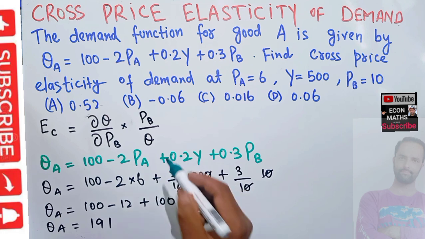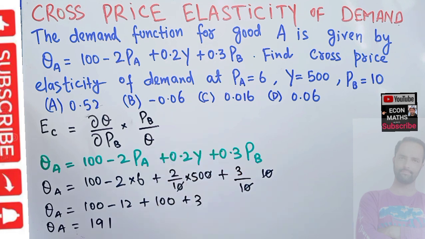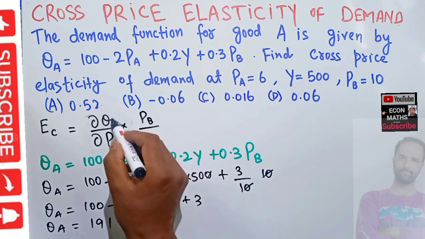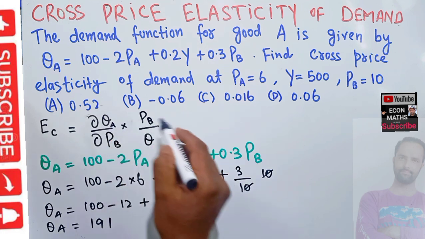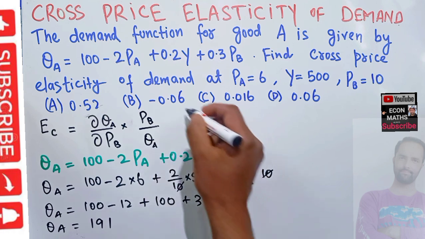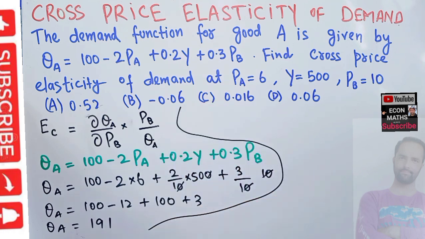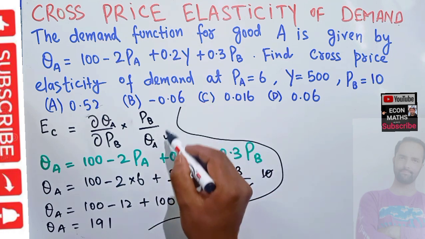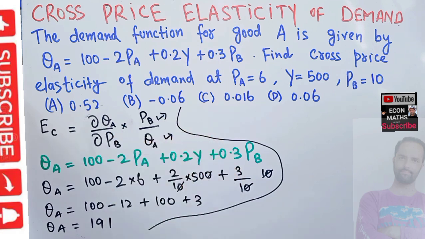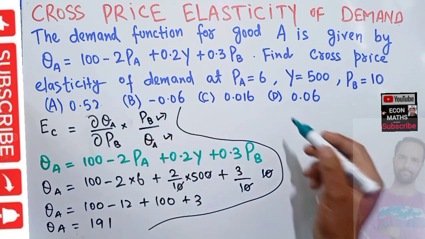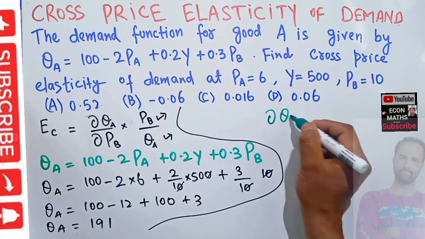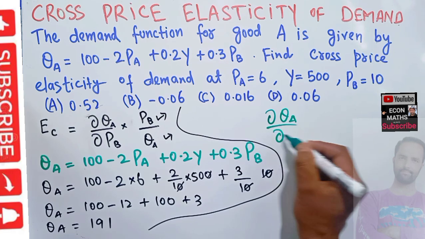So we got QA, and let me write it here, Q subscript A, to remove the confusion. We need to calculate this derivative, del QA divided by del PB.